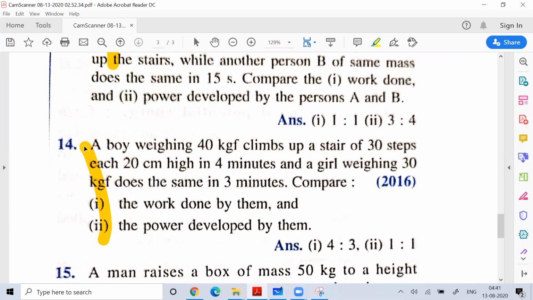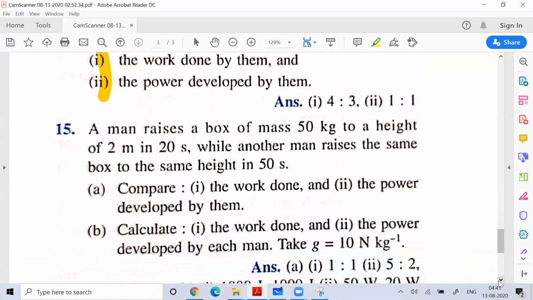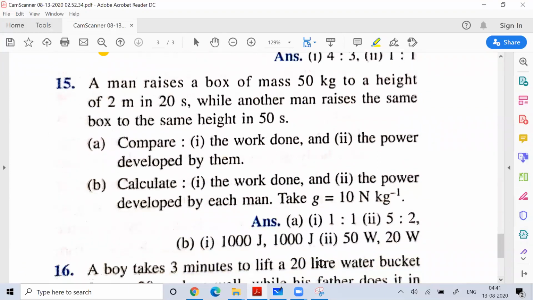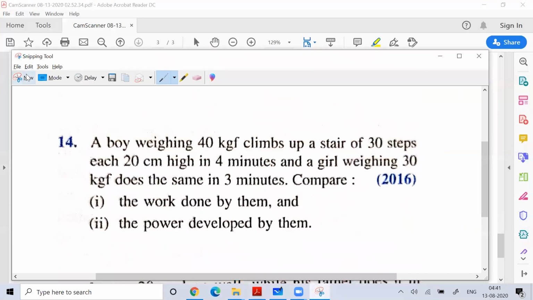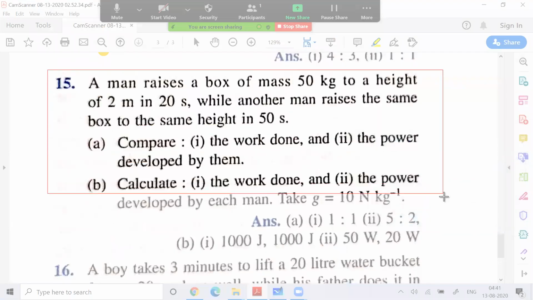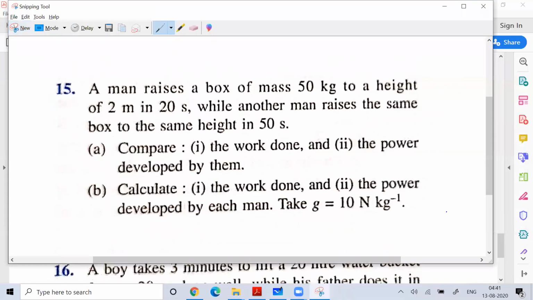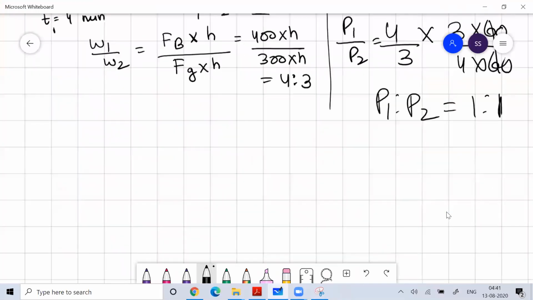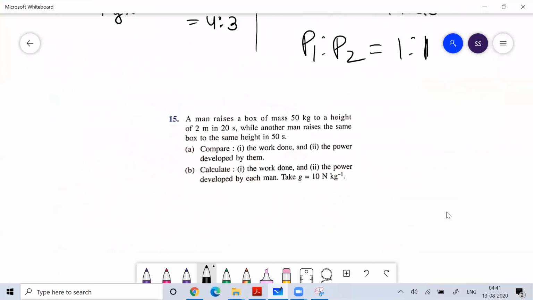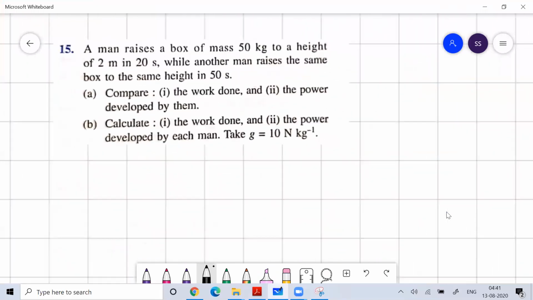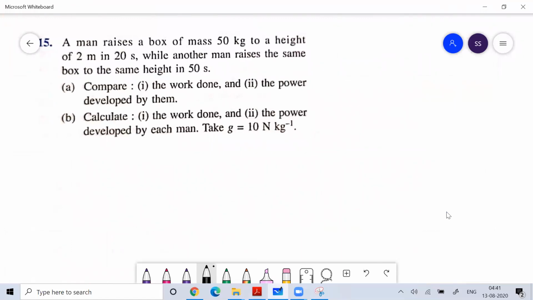Now see the next question. Question number 15. A man raises a box of mass 50 kg to a height of 2 meter in 20 seconds, while another man raises the same box to the same height in 50 seconds.